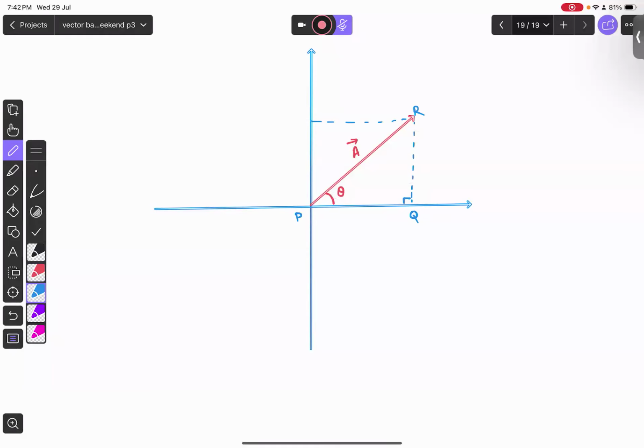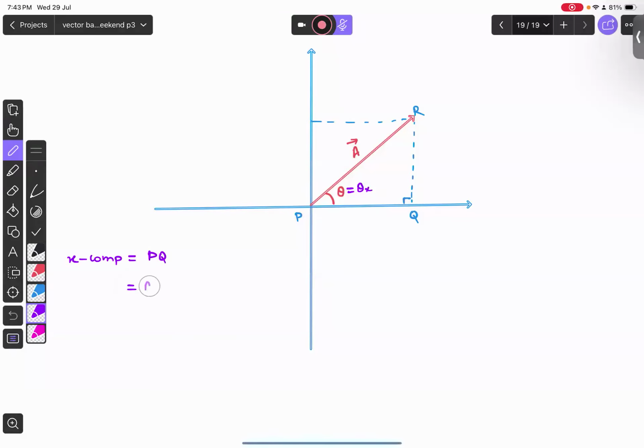Now if I ask you to find the component of this vector along x direction, then I will be using this angle which is theta. So the x component it is going to have will be of length same as PQ, no?